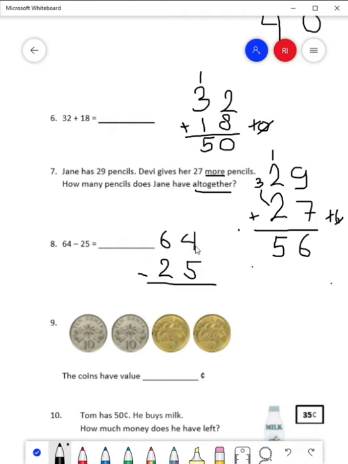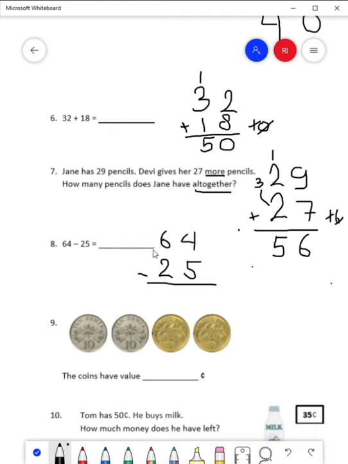Okay, the ones are 4 and 5. We subtract 4 and 5 first. 4 minus 5, it is not possible for 4 to be subtracted by 5. So we have to borrow 1 from tens.